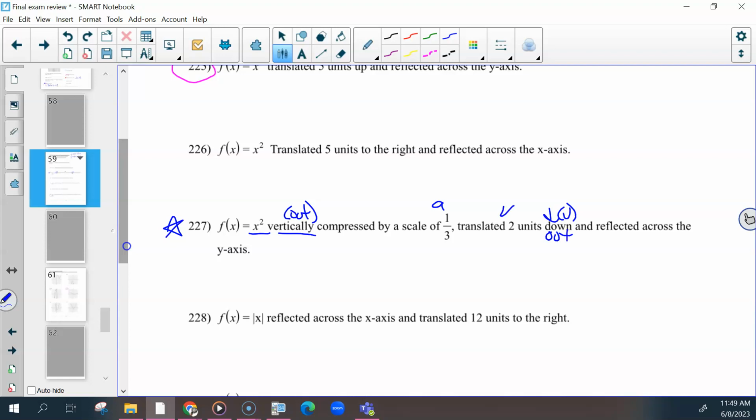This would be our K. Reflected across the y-axis. So if this is my y-axis and it's doing this, that's horizontal. So that's going to be inside. This is not our h. This would be the number that goes in front of x.